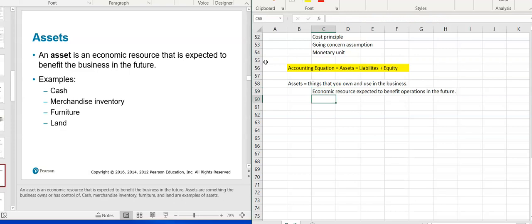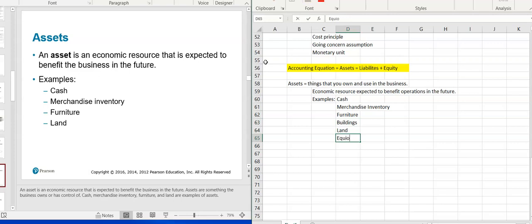All right, so different types of things or examples would be cash, is of course a big one. Cash, merchandise inventory. We get more into merchandise inventory in chapter 5. Furniture. I'm going to put buildings in here.